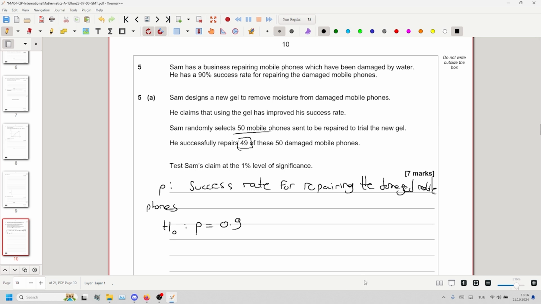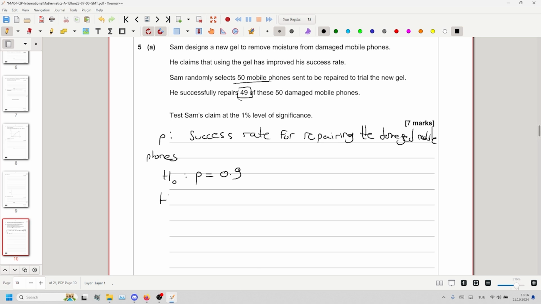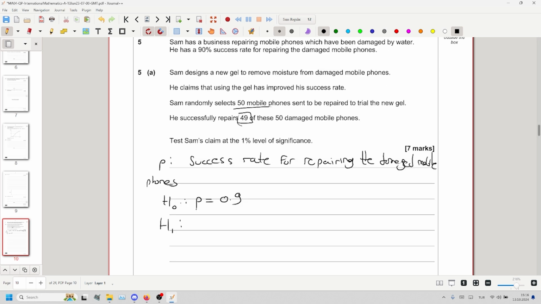And our alternative hypothesis, or H1, is basically going to be the claim made by Sam in this case. So he's claiming that the probability value has increased, so p is greater than 0.9. And now let's think. This indicates it's a one-tailed test, and specifically an upper-tailed one-tailed test.